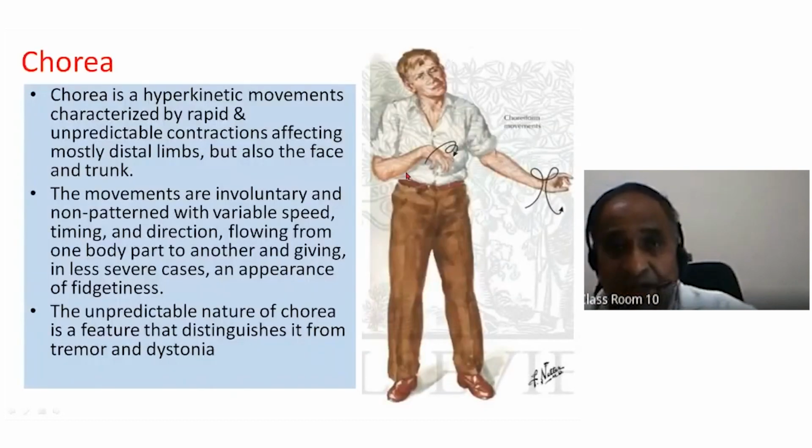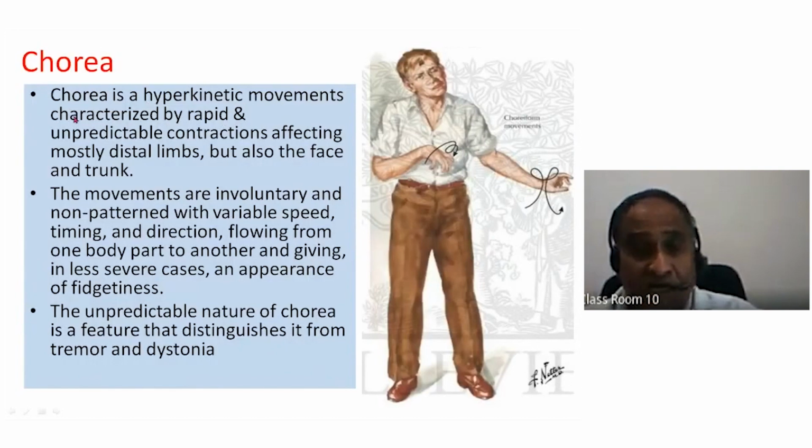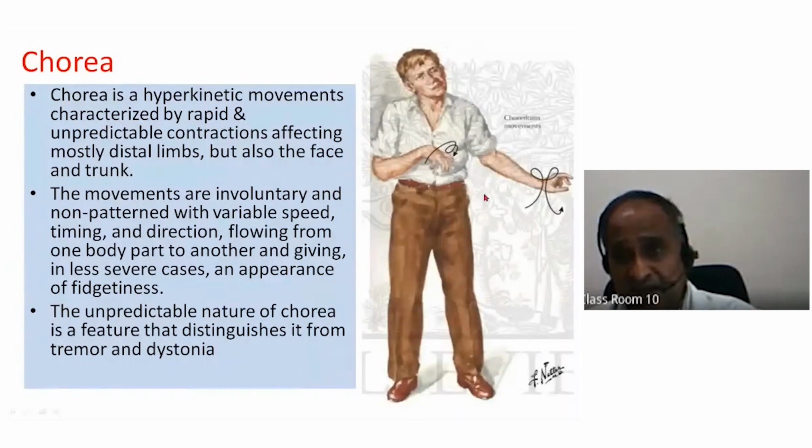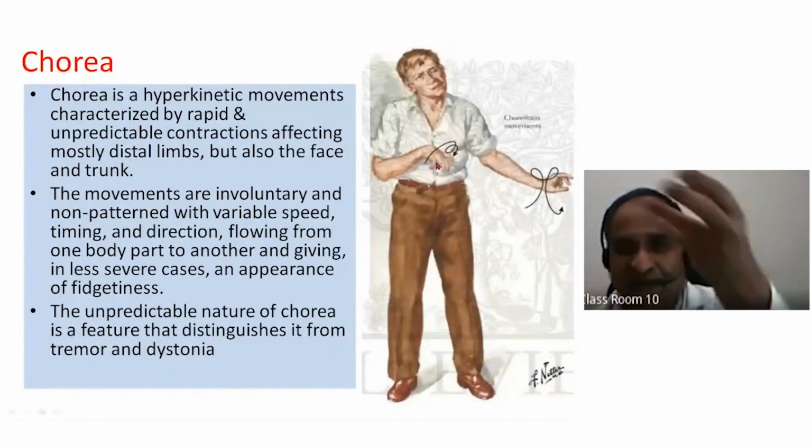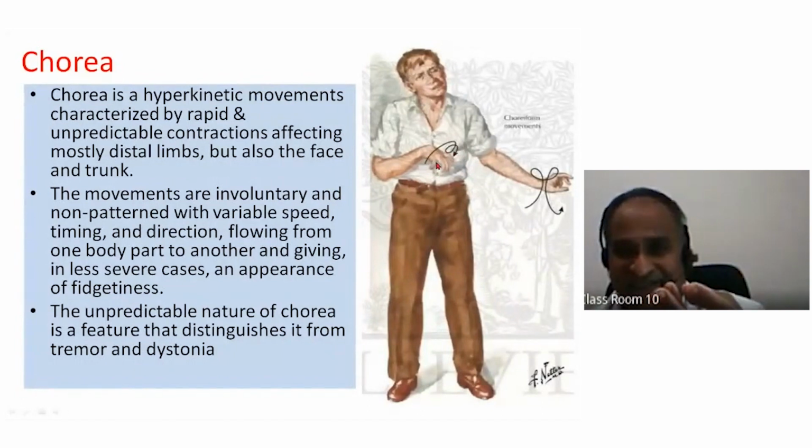I just explain before I go for the Huntington disease treatment aspect what chorea means. Chorea is a hyperkinetic movement characterized by rapid, unpredictable contractions. Yes, this person is having the contractions, and you just see this particular arrow. Again, he will have the movement of the hand or the wrist.